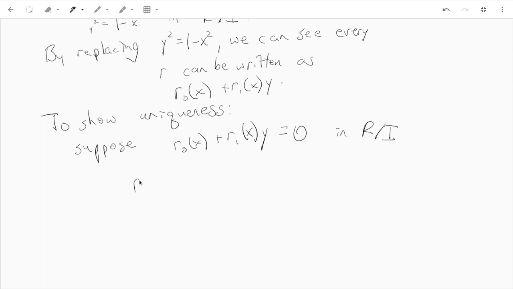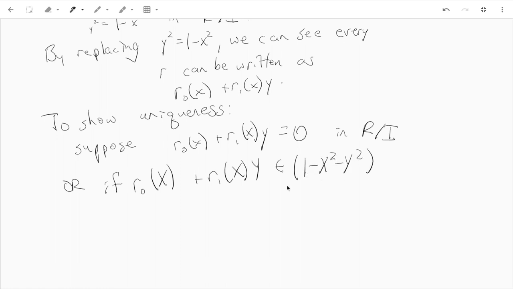Or if we replace the little x's by big X's, we have to show that if this happens, then r0 equals 0 and r1 equals 0. That's what we have to do to show uniqueness.